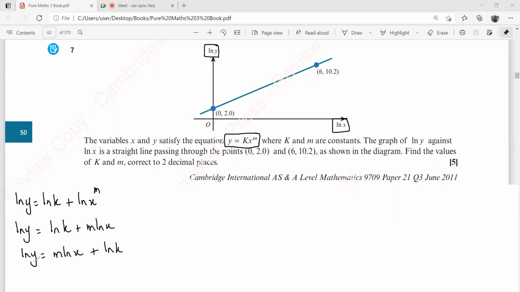So this is our y, this is our x, this one is the c, and this one is the gradient, and this is by chance labeled as m. So we have the equation here, y is equal to mx plus c.